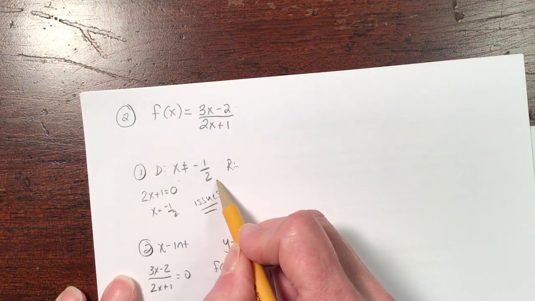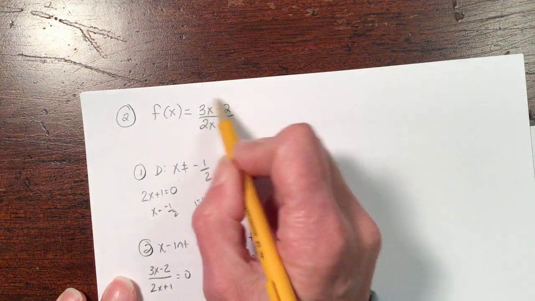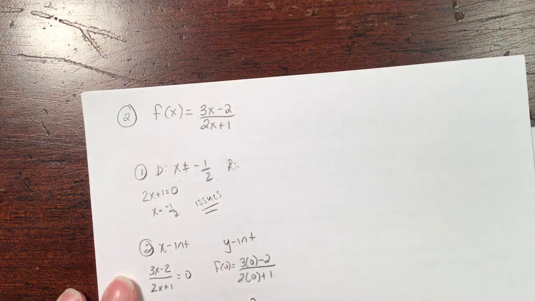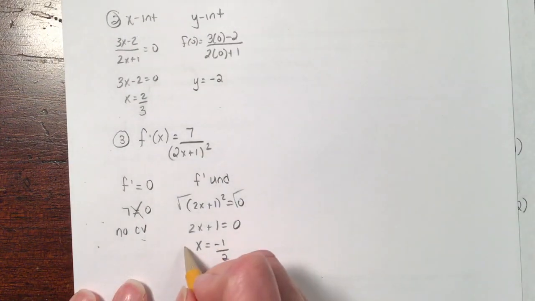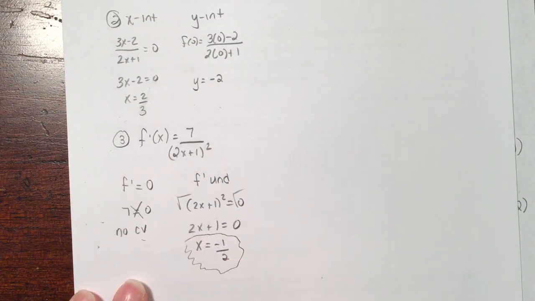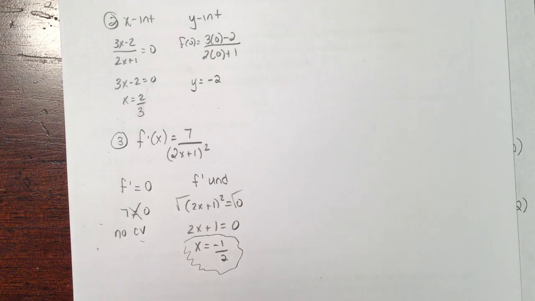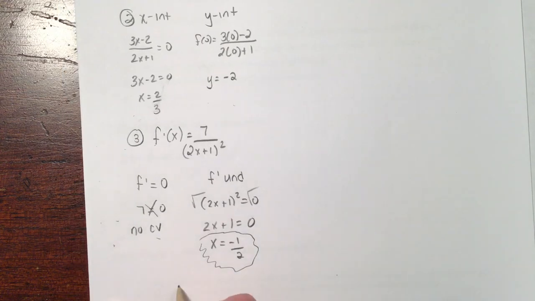But remember, we excluded that value from the domain, and based on the nature of this function, we can't simplify it. So this will probably be an asymptote. If you want to double check it, evaluate the limit as x approaches negative 1/2.